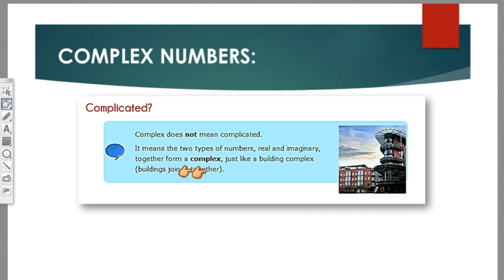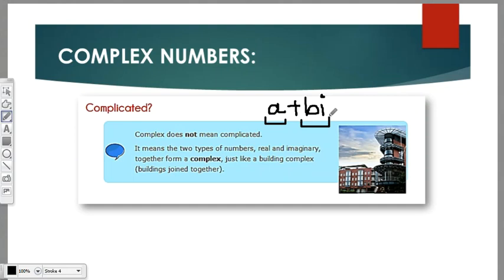If I'm in a building complex, you're on this side of the complex, I'm on this side of the complex. Well, are you on the real side of the complex or the imaginary side of the complex? That seems silly, but it's a funny way to think about it. Excuse me, I should have said that more accurately: real joined with imaginary creates complex.